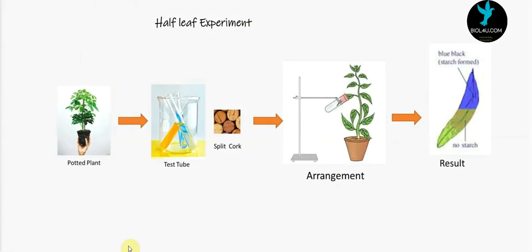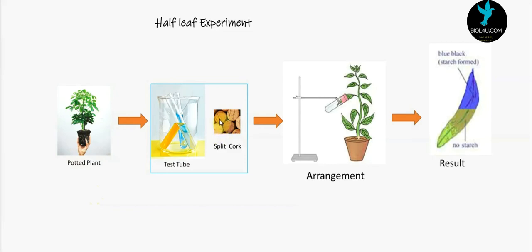Another experiment to know the previous knowledge on photosynthesis is the half-leaf experiment. For this, we took a potted plant, a test tube and a split cork.